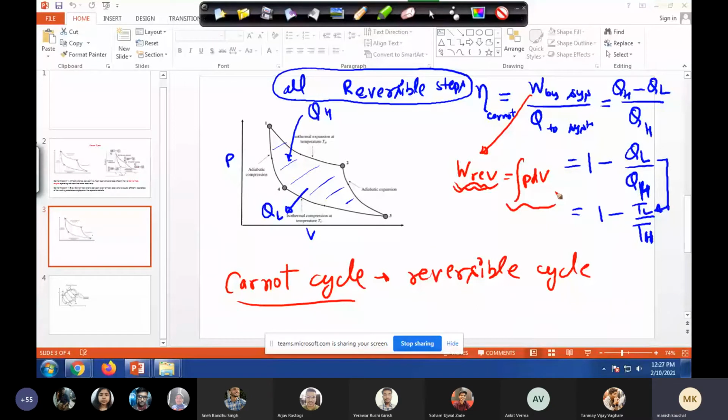Since that is the advantage, I am sure you know the work done in an isothermal process, nRT ln V2 by V1, whatever it is. So you know work in this step. You can calculate work in adiabatic expansion also. It comes out to be, as much as I remember, P1 V1 minus P2 V2 by gamma minus 1.